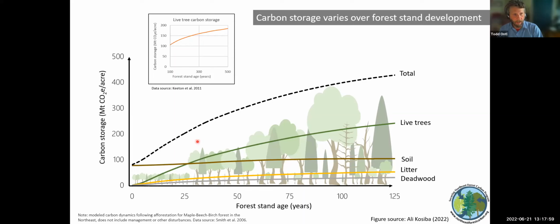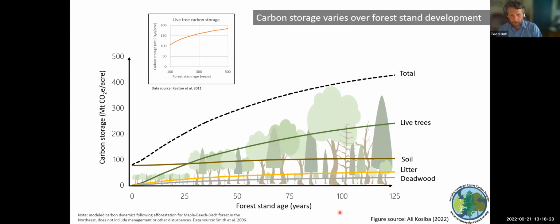And this inset here is some data from Bill Keeton at University of Vermont, just showing kind of what that looks like beyond this 125-year time period into these old growth stages of forests, and just showing that indeed carbon still continues to accumulate even at very old ages.